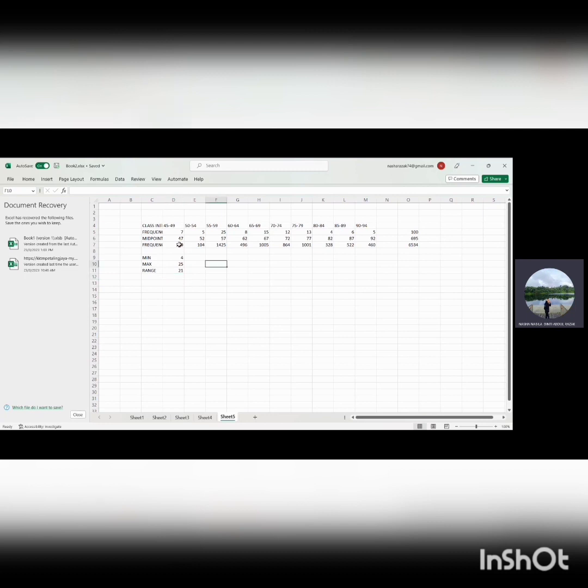So the formula for the range is maximum minus minimum.